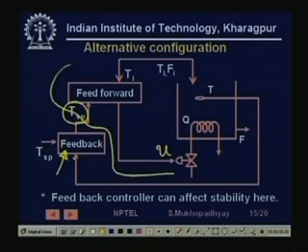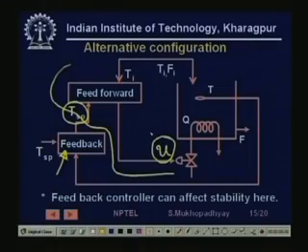So what will happen is that suppose the feedback controller now provides a set point to the feed forward controller. If again due to feed forward action this input is not proper, then there will be some discrepancy between T and T set point.